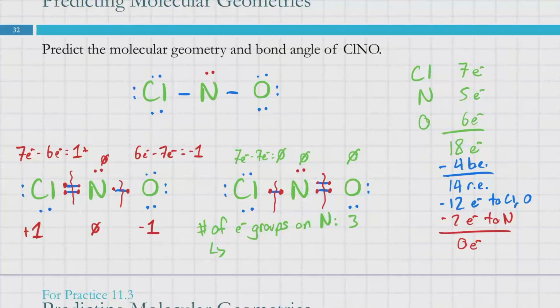How many bonding groups do we have? 2. We've got a single bond, and we also have a double bond. And how many lone pairs do we have?